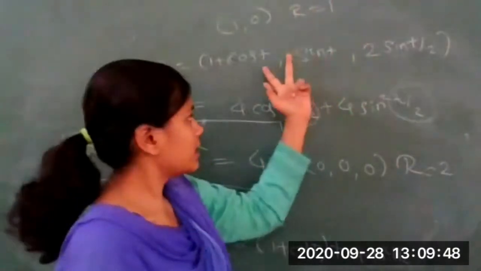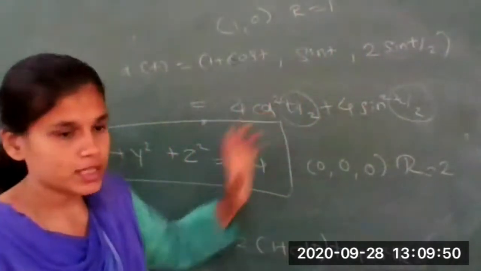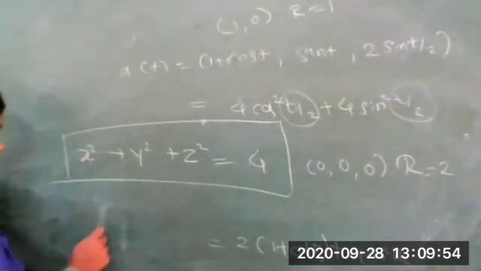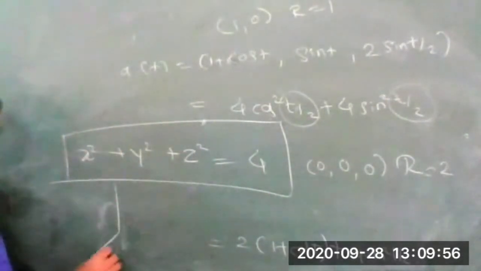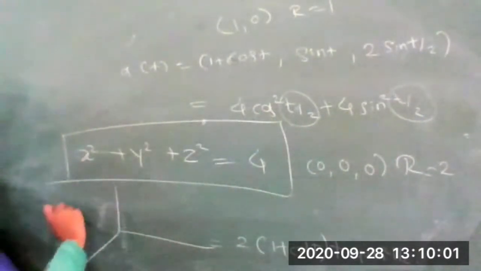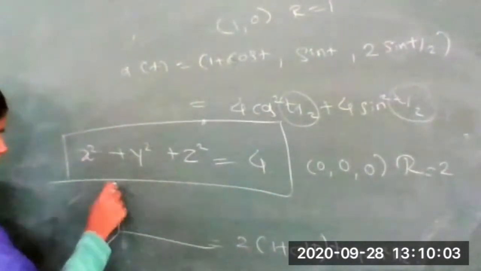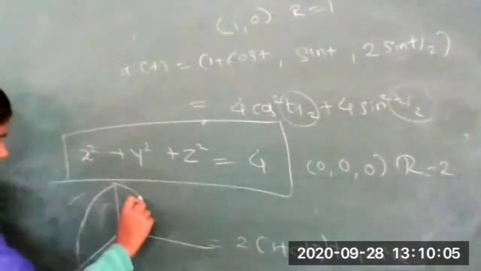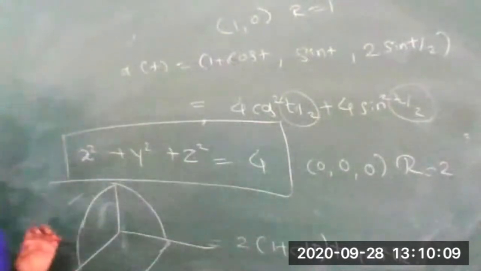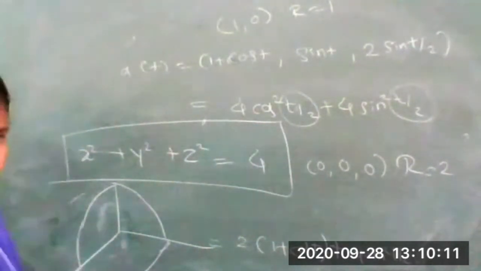If it is increasing and this combination of this, that means our equation alpha of t is nothing but, you can imagine, the intersection of a helix and sphere. So what we have initially, let us draw the small part. Okay, so this will be an intersection of a helix and sphere.